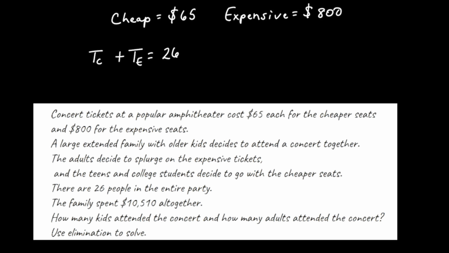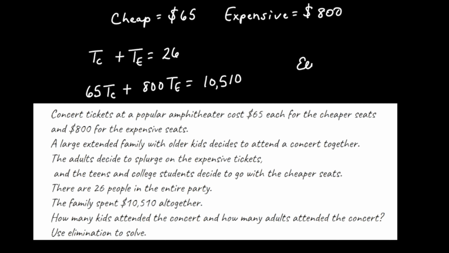Then each ticket is multiplied by the cost of that ticket, which gives you the total cost for the family. We know the total spent is $10,510, so we are able to write a second equation with that information.